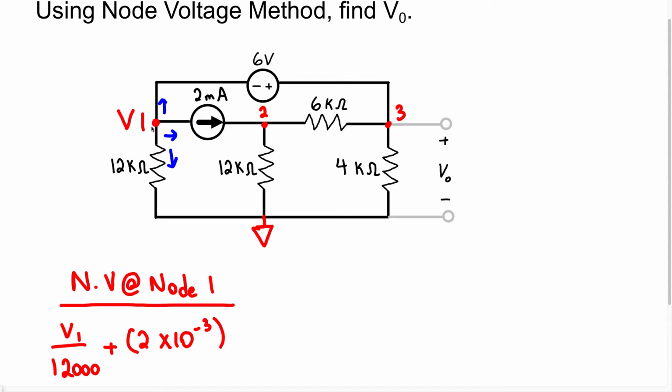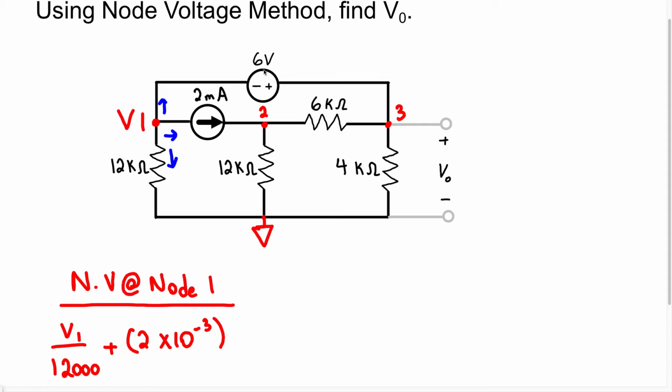When we look at the voltage V1, we don't know the voltage in node 1. Now, when we look at node 3, we look at the branches, we don't know the voltage in node 3. Therefore, because we have a voltage source in between two essential nodes, and we don't know the value of the voltage at any of those nodes, we're going to use the supernode method.